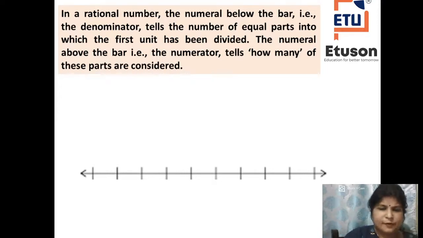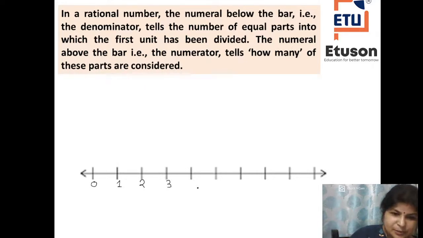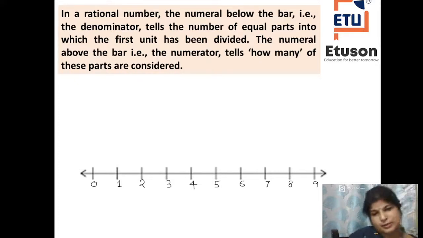In the same fashion as you did earlier, because it is positive, you need not go to the negative side. You start from 0. You just write down the natural numbers 1, 2, 3. So with a scale you have plotted the horizontal line, then at equal intervals you have written the whole numbers.